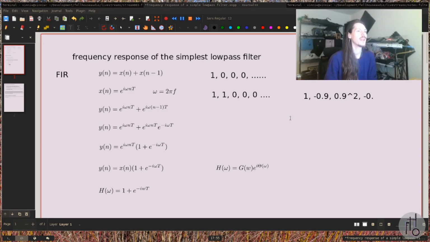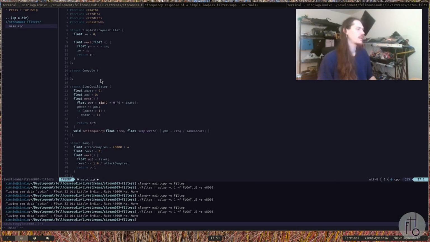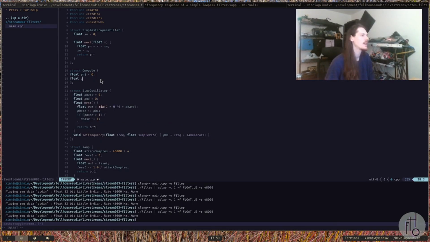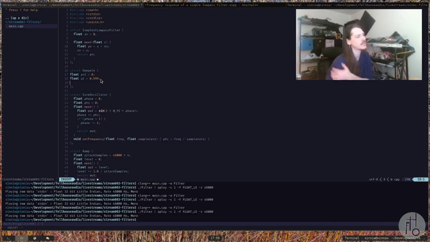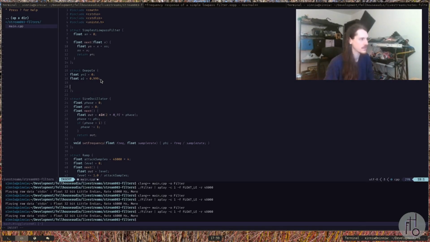Let's build this one again. The one-pole filter deals with the prior output. So we're going to give it a piece of state that's called yn1, to represent that this is yn minus 1. Initialize that to 0. It's also going to get a piece of state called a1. This is the coefficient that we scale the prior output by in our filter equation.